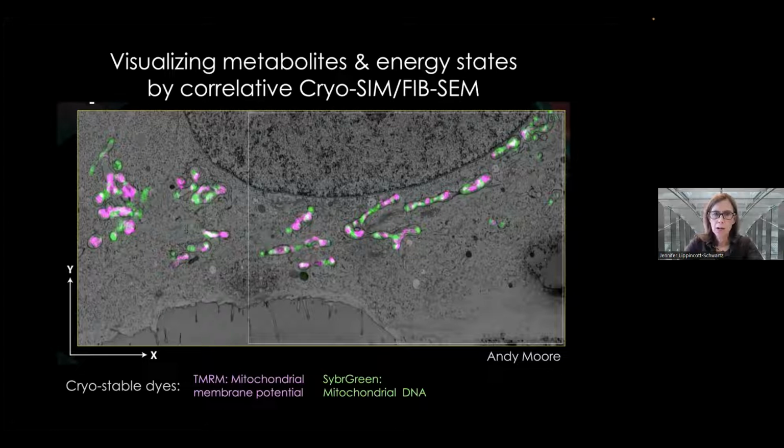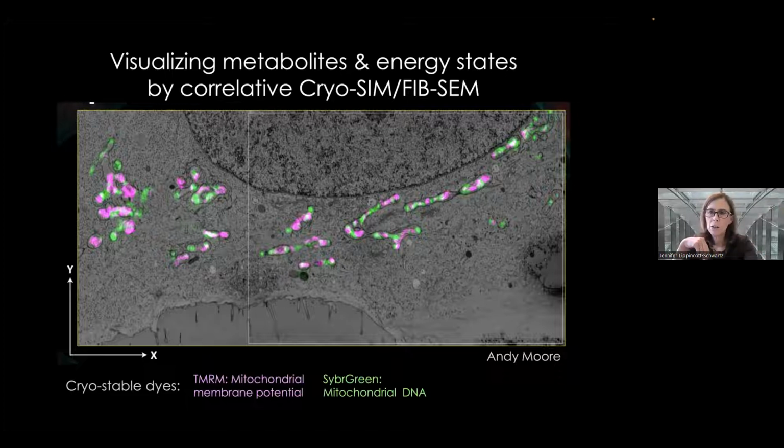So here's some work from Andy Moore in my lab, where basically we found they're cryostable: TMRM, which is a mitochondrial membrane potential dye, and SYBR Green, which is a mitochondrial DNA marker. This is cryo structured illumination microscopy, where we snap an image of the two different fluorescent probes.